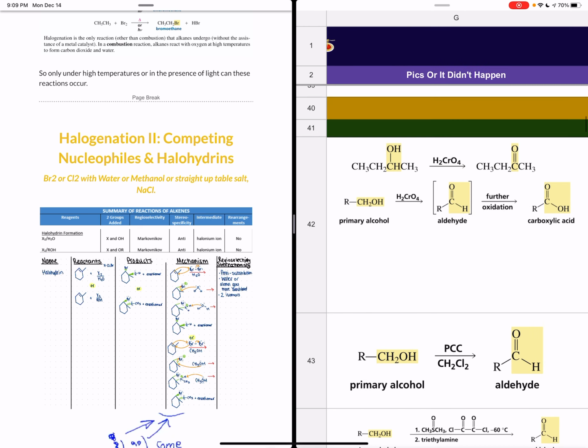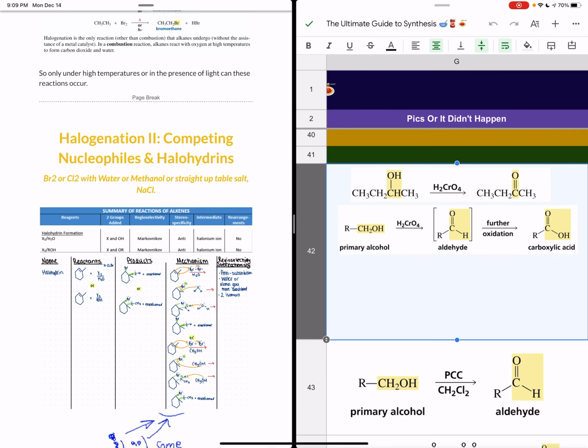Here's chromic acid at the very top. We are converting an alcohol into a ketone because this is a secondary alcohol. But what about the one on the bottom here? This is a primary alcohol. We are adding chromic acid. Technically in the middle, it does create an aldehyde, but that's not really important because you can't stop there. It's going to go all the way to a carboxylic acid.